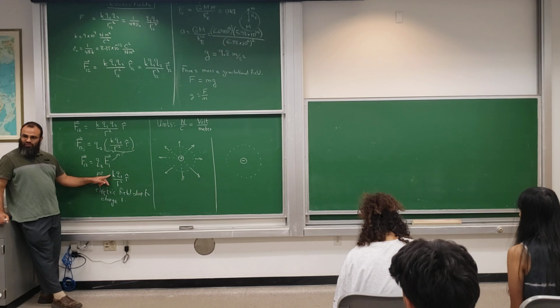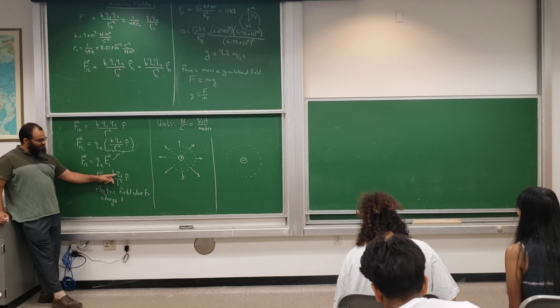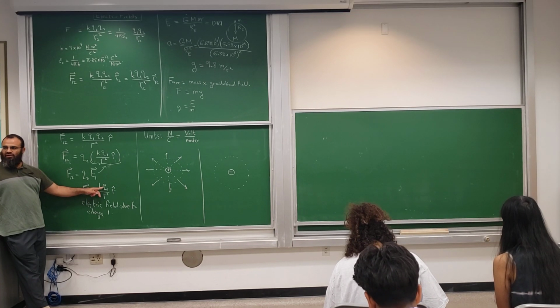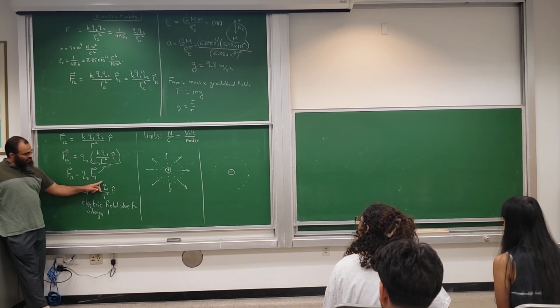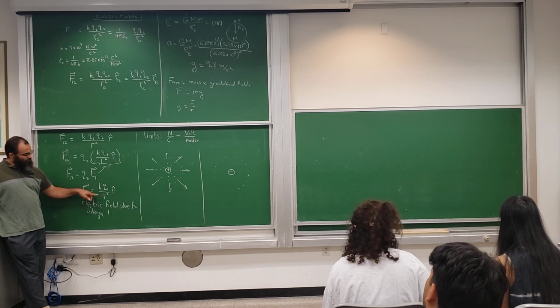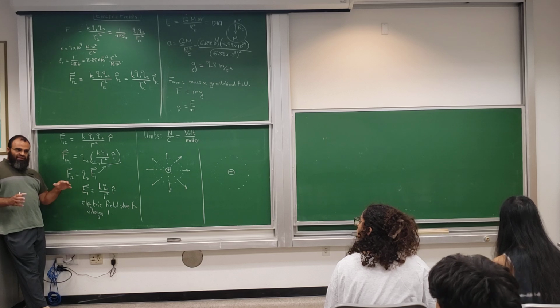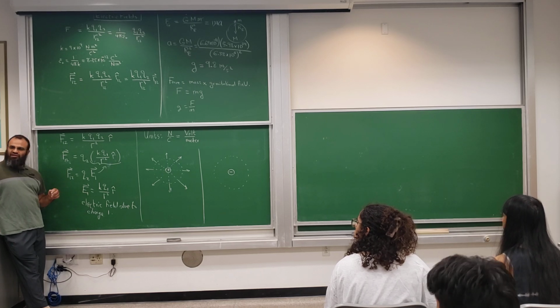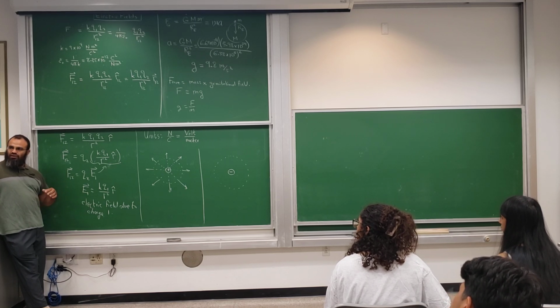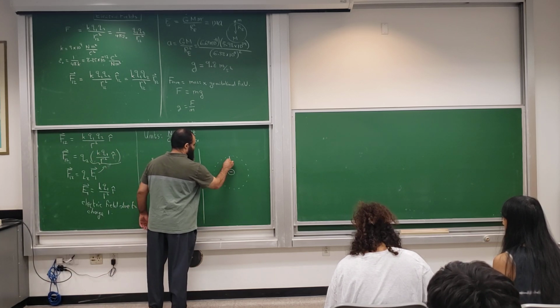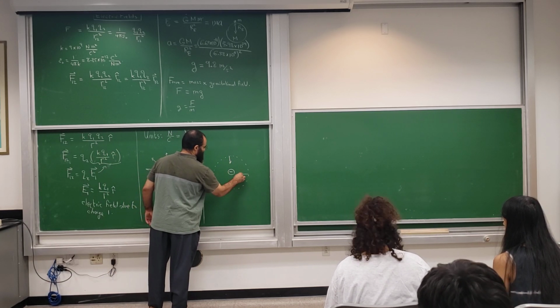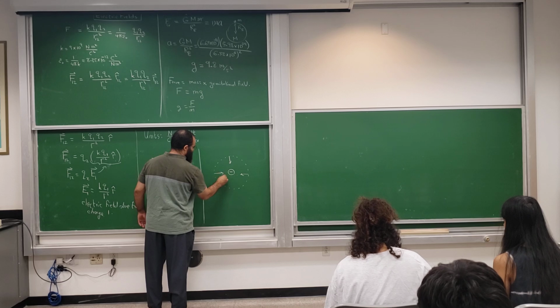K is a positive number, r squared is a positive number, but Q is negative. It's a minus charge. So when I multiply, this would be an overall negative number, a number that has a minus sign times a vector. What does it do to the vector? Reverses the direction. Good. So the direction is going to be this, the electric field.